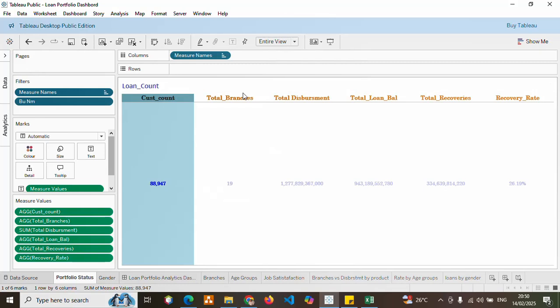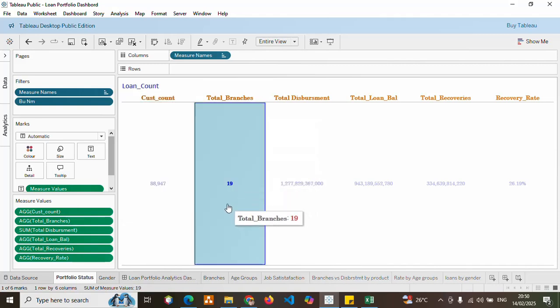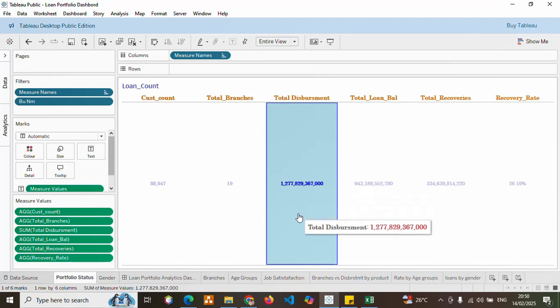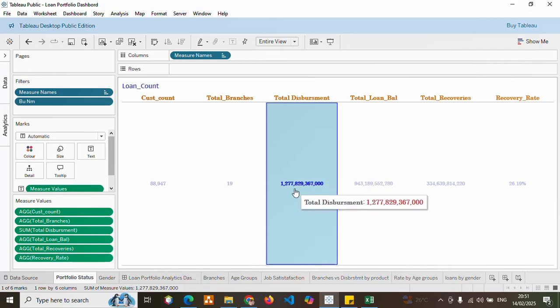This bank, which we nicknamed Kash Bank, has a number of branches totaling to 19. The total loan portfolio or loans that are disbursed, we've seen that they are over 1.27 trillion.